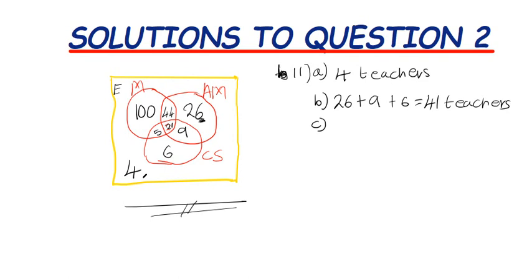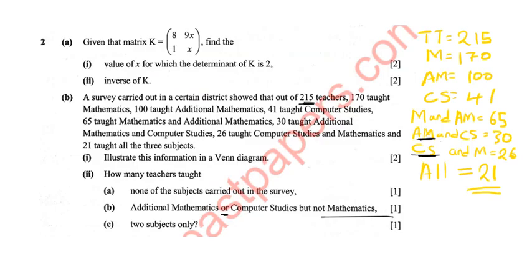Now, the last one, two subjects only. Here also you have to bear in mind that they haven't mentioned additional mathematics and computer studies, or computer studies and additional mathematics, or mathematics. They haven't mentioned those, but they have just said two subjects only.